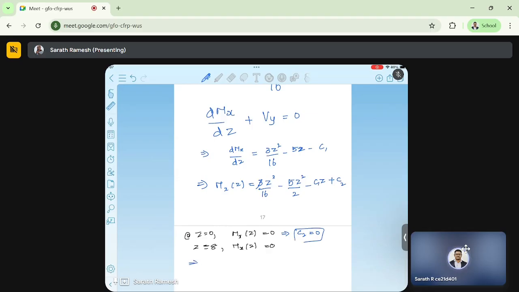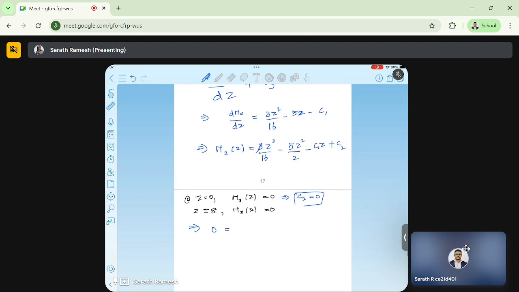Second boundary condition, if we substitute, 0 equal to 512 by 16 minus 5 into 64 by 2 minus 8C1.